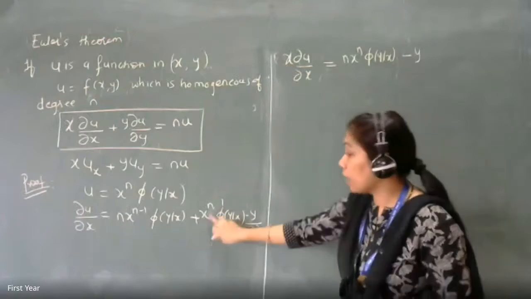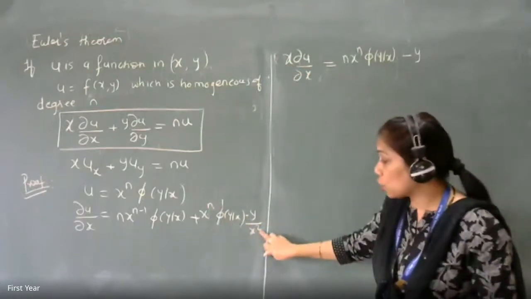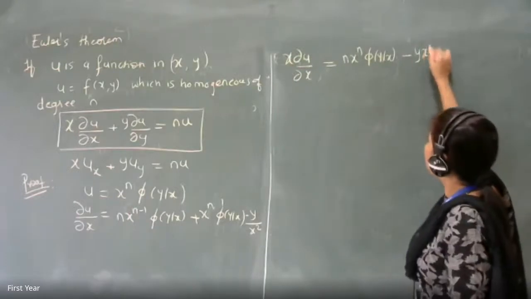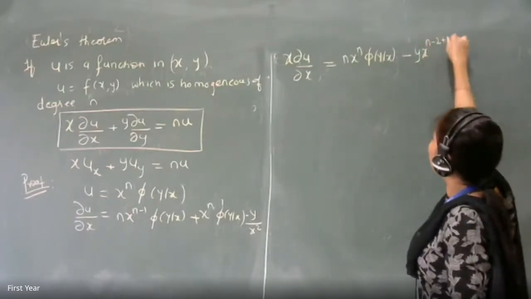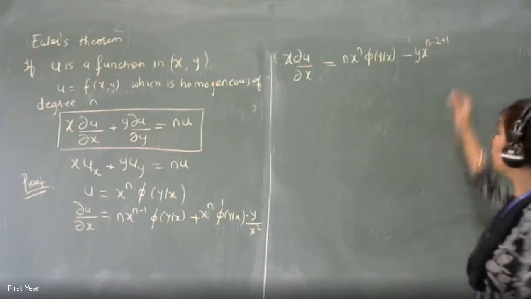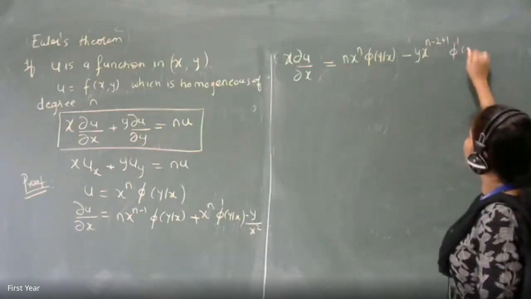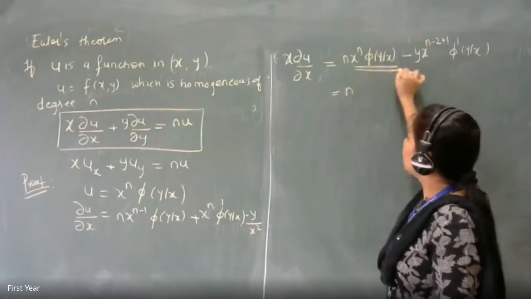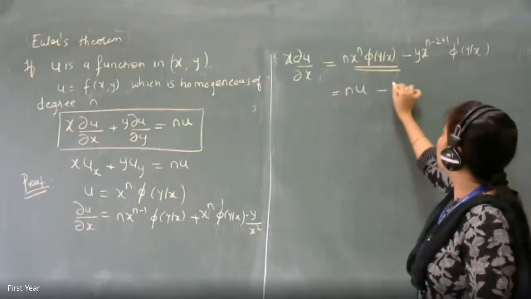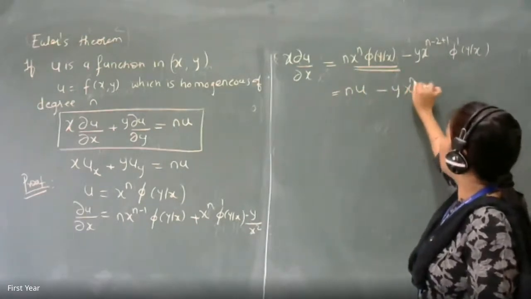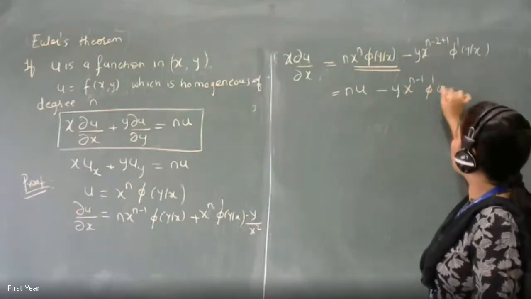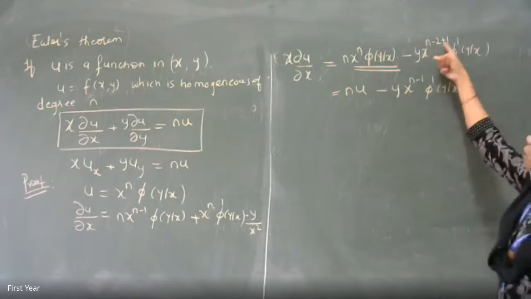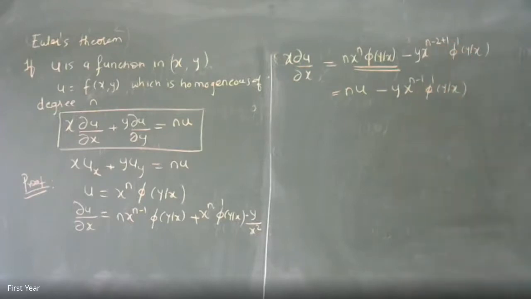Once again, look: x raised to n is there, x square is in the denominator, and one more x I multiplied. So it is x raised to n minus 2 plus 1 into phi dash of y by x. That is nothing but n into u, this term is your u, minus y x raised to n minus 1 phi dash of y by x. I hope this is clear to everyone. n minus 2 plus 1 is n minus 1.